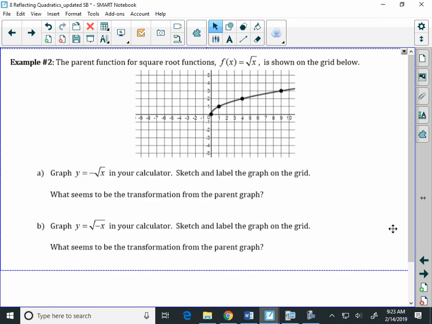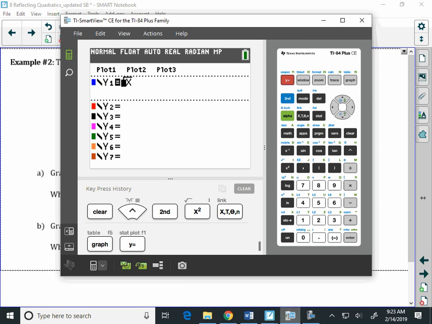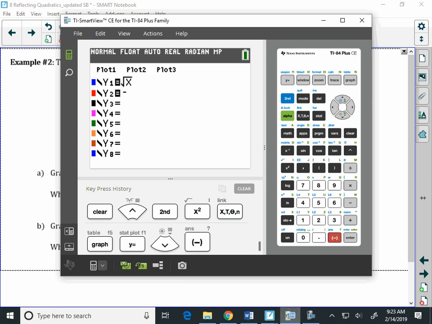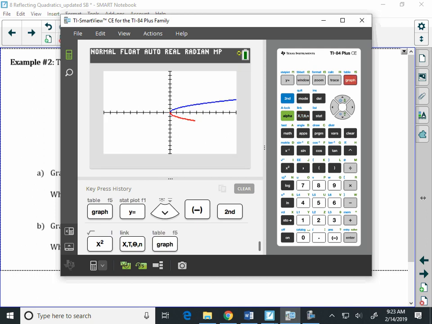And then we're going to graph a negative in front of the square root of x, looking at that problem, negative the square root of x, and we graph. You can look in your table if you need more specific points. But hopefully what you see is that we flipped this graph over the x-axis.